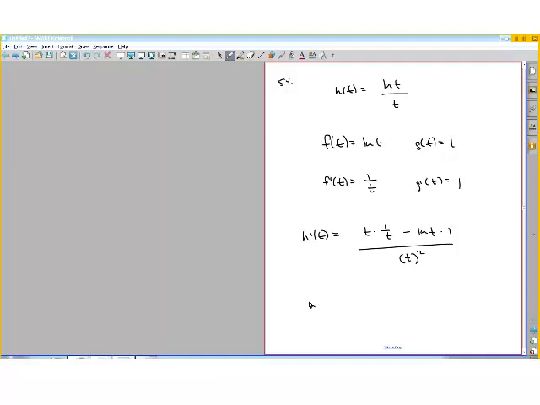So the first part is 1, and the second part is the natural log of t, and we divide by t squared. So that's the answer: 1 minus the natural log of t over t squared. And that's about as far as you can go for that one.